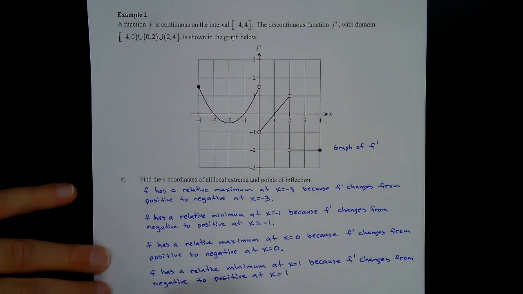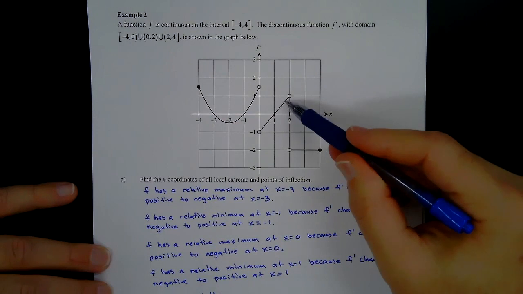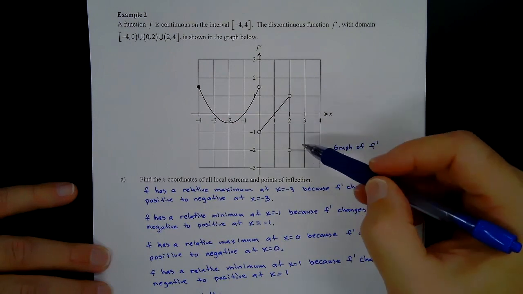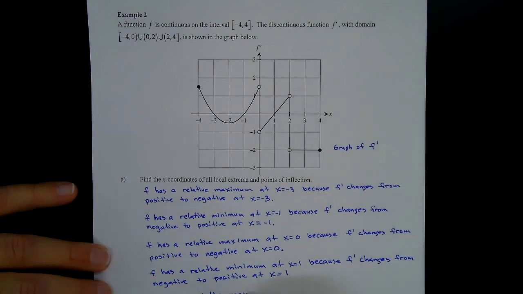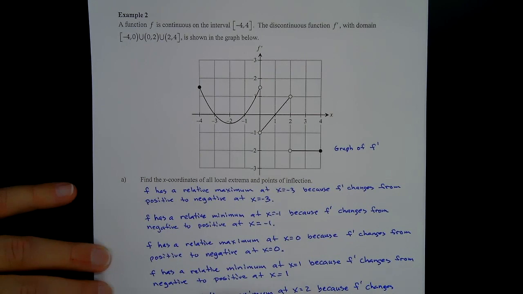So f has a relative, and this would be because it's changing from positive to negative, so that means increasing to decreasing, we have a relative maximum at x equals 2 because f prime changes from positive to negative.